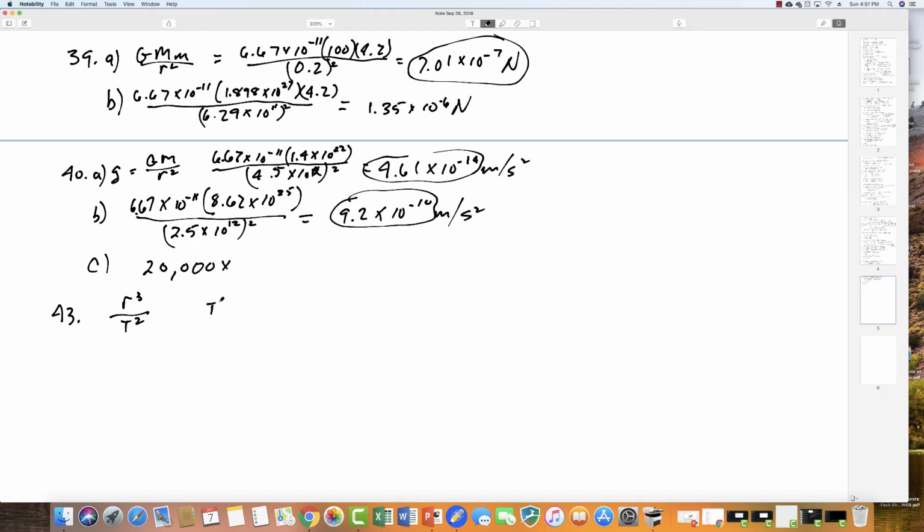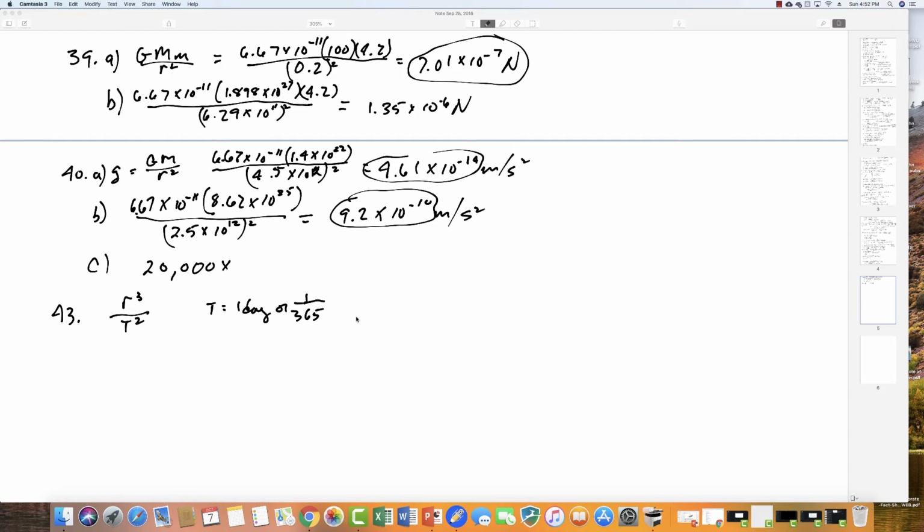So the period of this satellite is 1 day, or 1 over 365 years. Now the reason I say that is because the table... such orbits are useful for communication and weather observation because the satellite remains above the same point of the Earth, provided it orbits in the equatorial plane in the same direction as Earth's rotation.